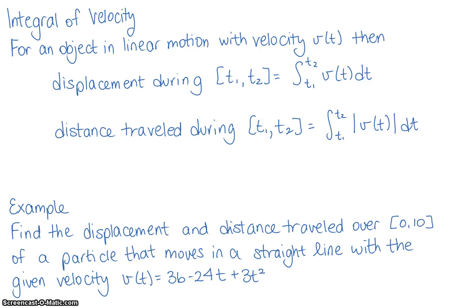We'll look at this particular example. So we're going to find in both of these ones the displacement and the distance traveled from 0 to 10 for your time of a particle that moves in a straight line with a given velocity, with the function here.